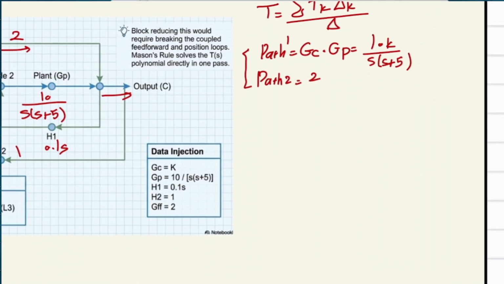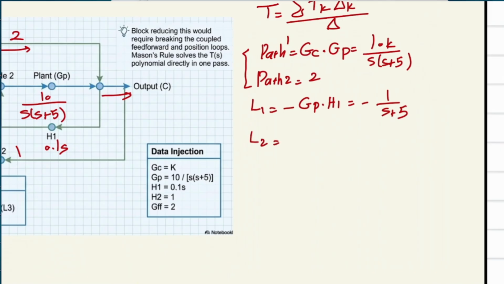Then I have to talk about the loops, which, as you guys know, we do have 3 loops. The L1, don't forget about the negative sign, is going to be negative GP times h1, which at the end of the day is going to be negative 1 divided by (s plus 5). You know better than me where that is, so I'm not going to waste time.